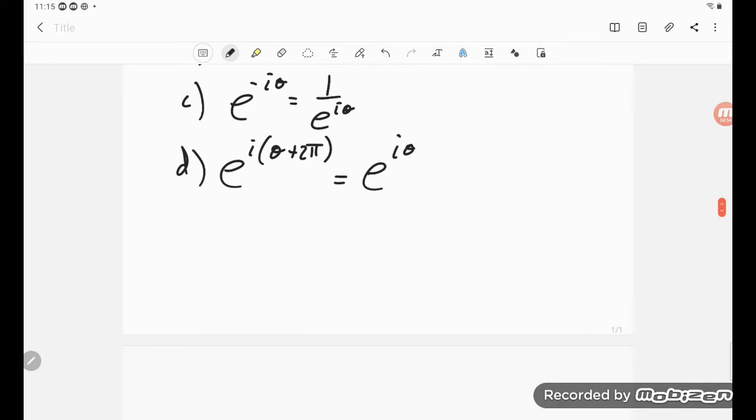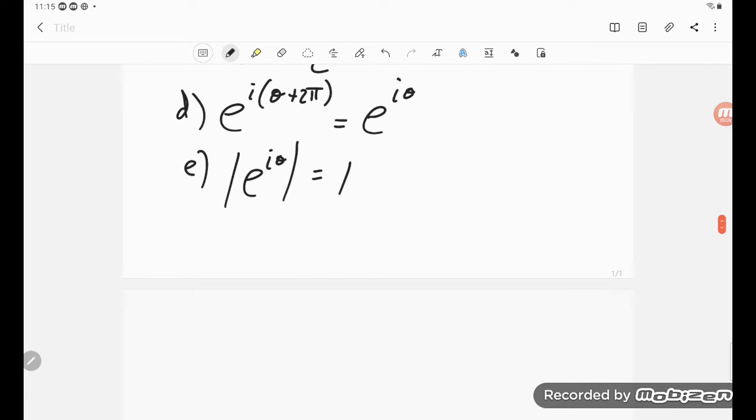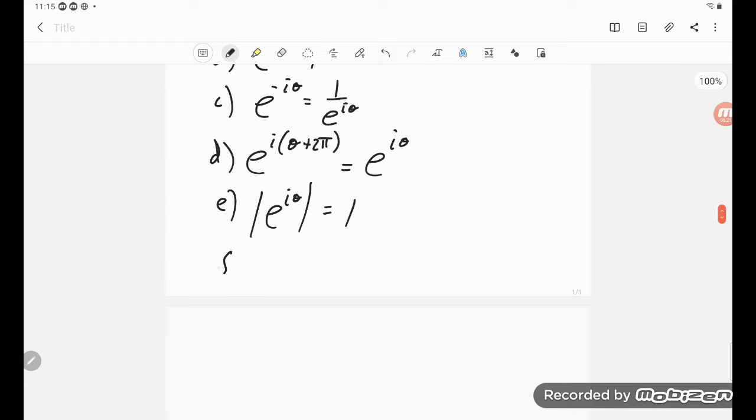And let's see, absolute value of e to the i theta is always 1. And again, that comes from the polar form, where the modulus goes out front. Well, the modulus is 1 on this, so it should be 1.